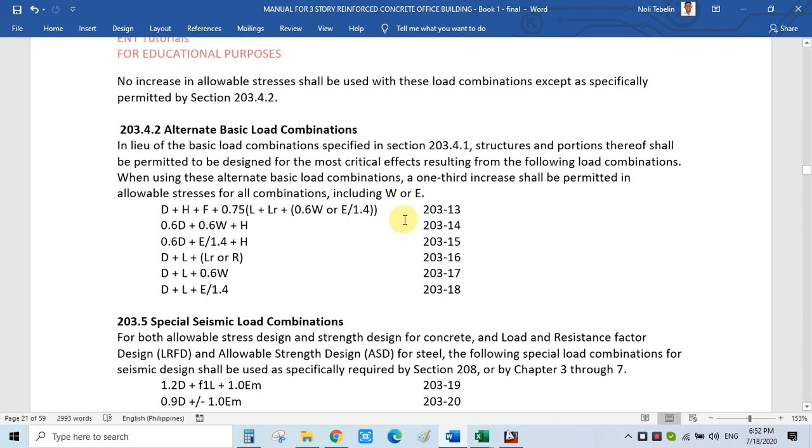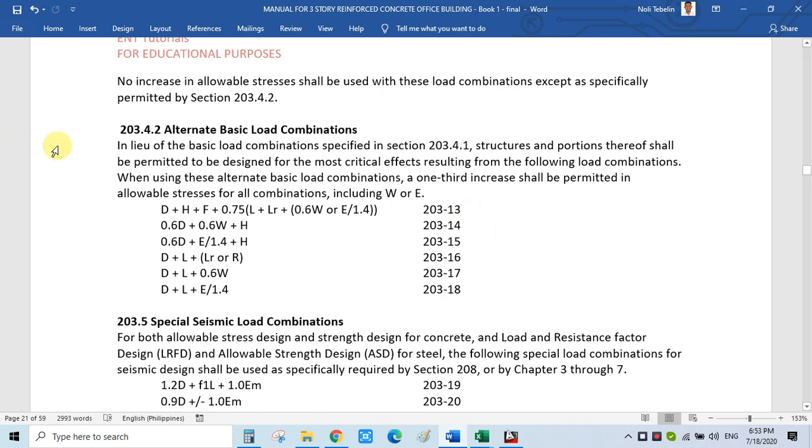So, for example, in the foundation, binigyan tayo ng geotechnical engineer ng ngayon yung SBC natin. 250 kPa, yung allowable. Dapat pag chinek mo yung soil pressure, not more than 250 siya. Pag ginamitan mo siya nitong load combinations na to, gravity.